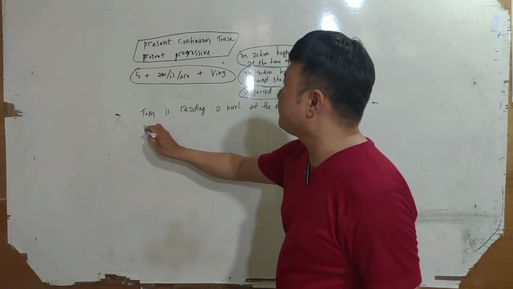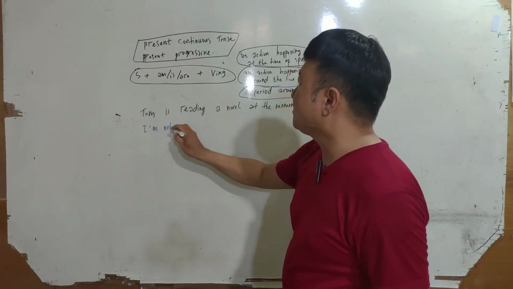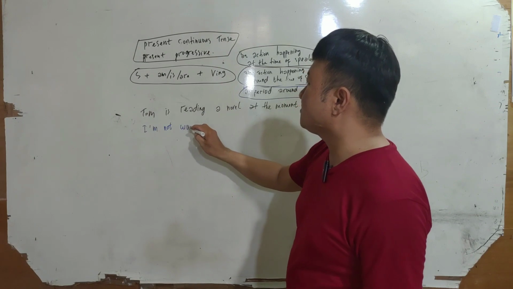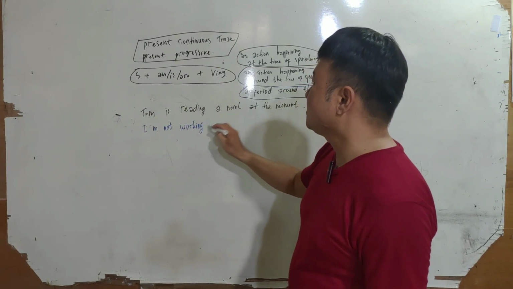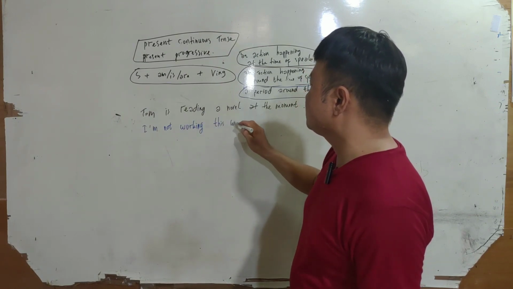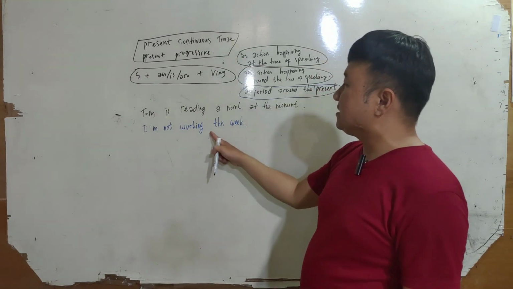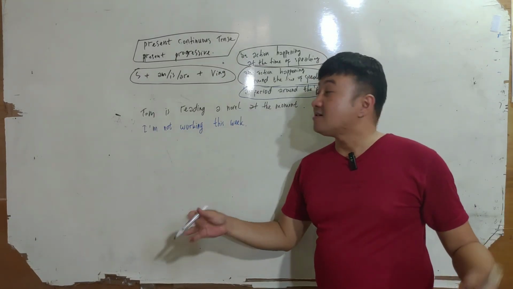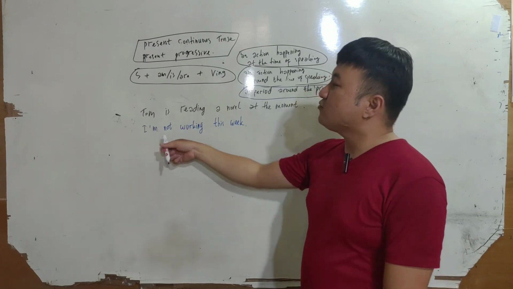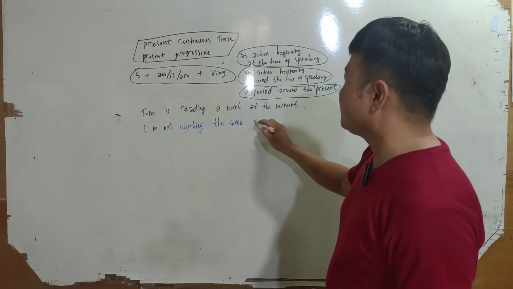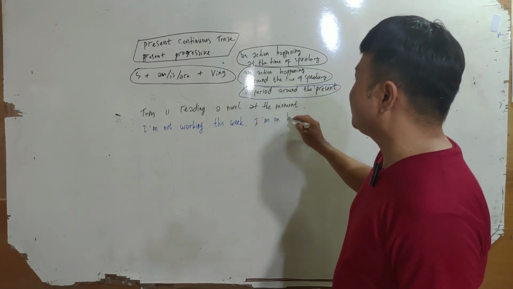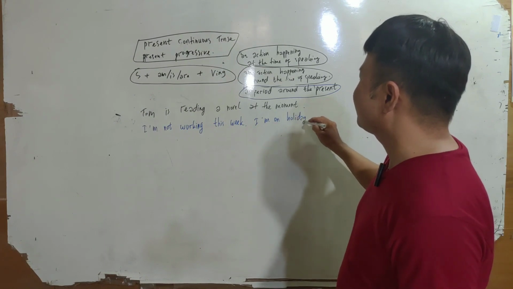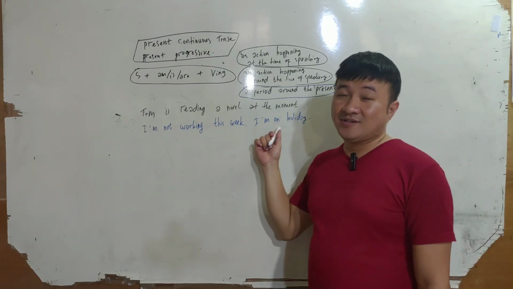For example, I'm not working this week. You see, this week is a period around the present. I'm not working this week because I'm on holiday.